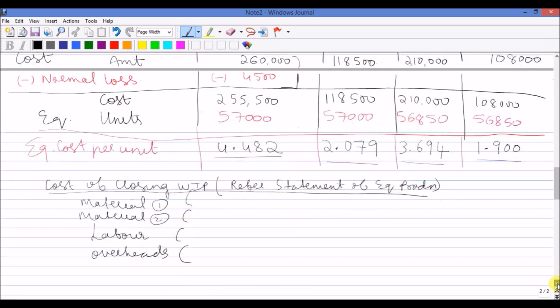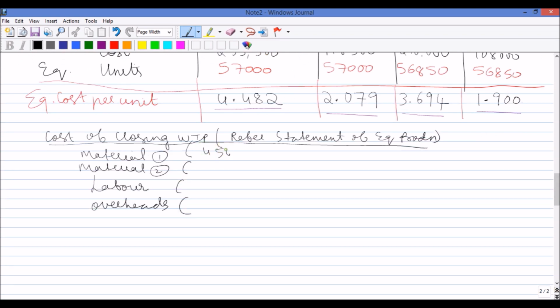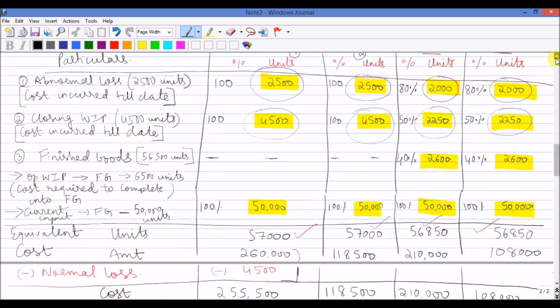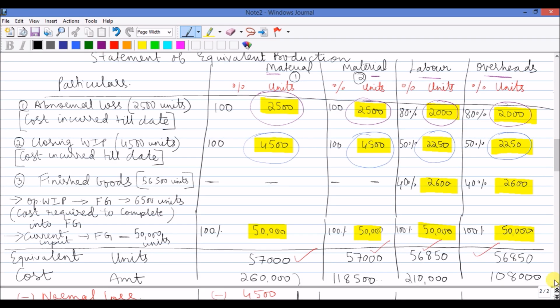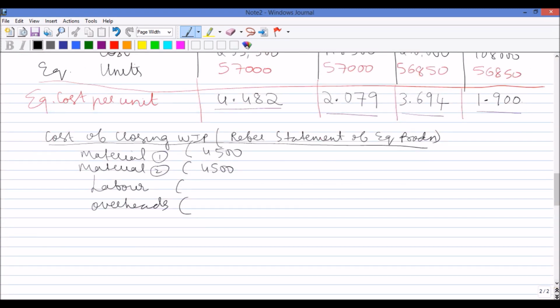Okay, so material 1 is 4500, material 2 is 4500, then labor it is 2250, 2250. Then I'm going to multiply with the cost per unit, which is 4.482, 2.079, 3.694 and 1.900. So let us multiply now.